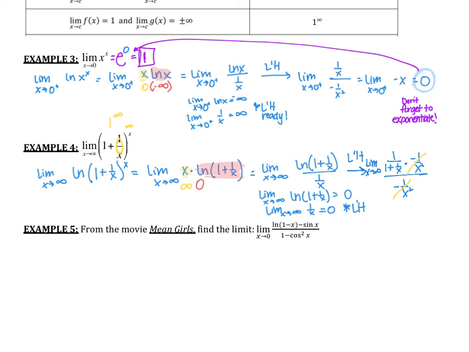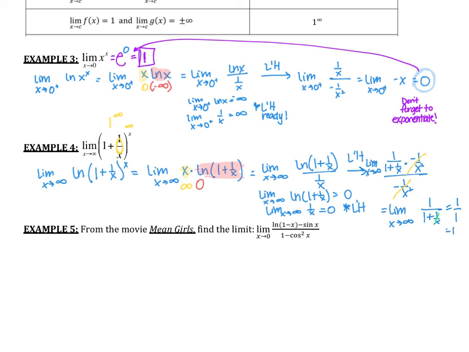Now, this becomes the limit as x approaches infinity of 1 over 1 plus 1 over x, which, if we plug in infinity now, this term goes to 0. So I have 1 over 1, which is 1.